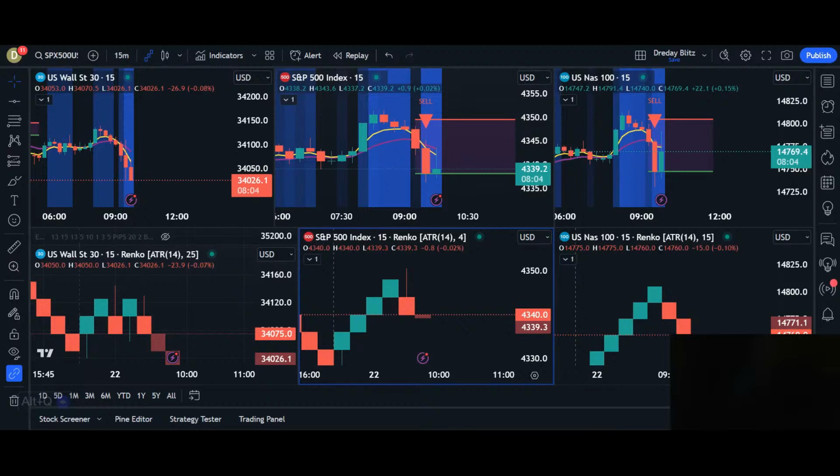If you like to look at DXY, QQQ, it's going to work. We still have less than 8 minutes left after the news event, so we'll wait and see.